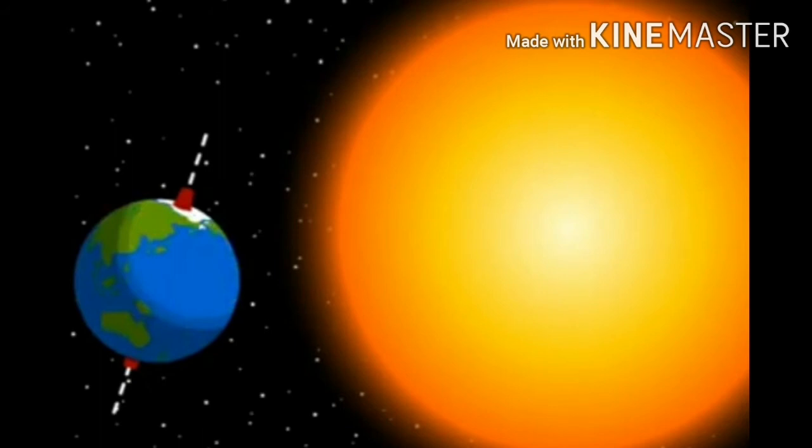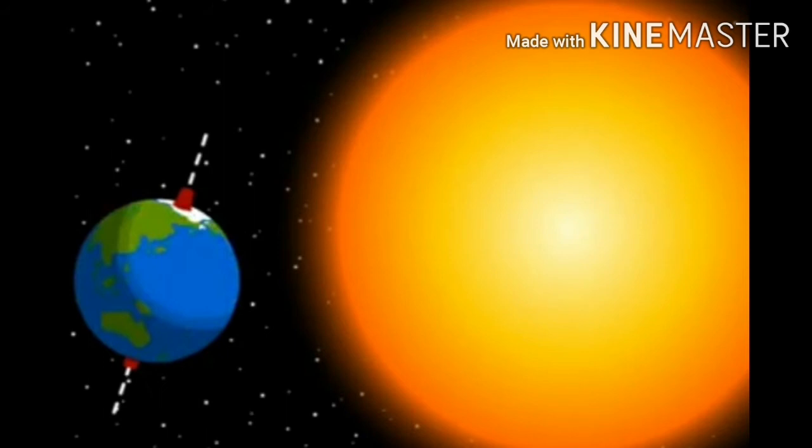The sun is an extremely hot object. It emits heat radiations in all directions. These heat radiations travel through the vacuum between the sun and the earth at a very high speed and reach us on the earth.